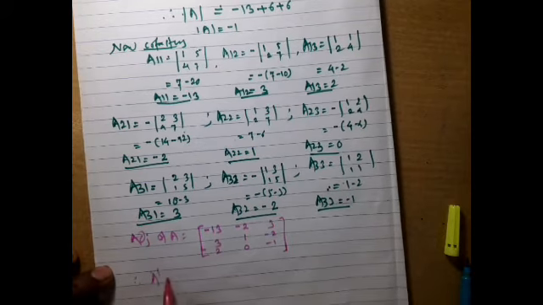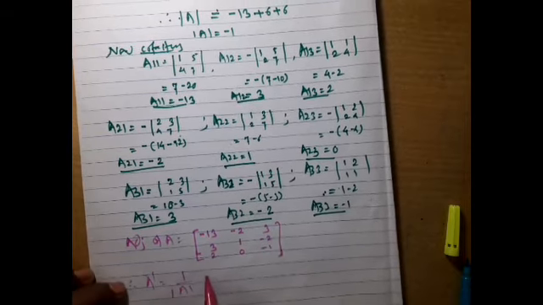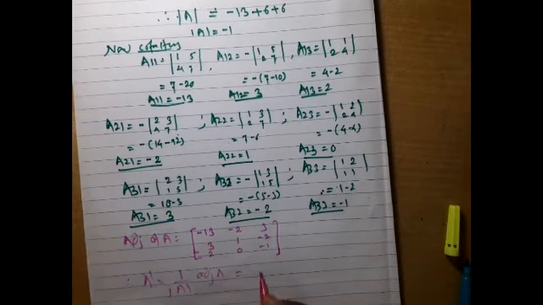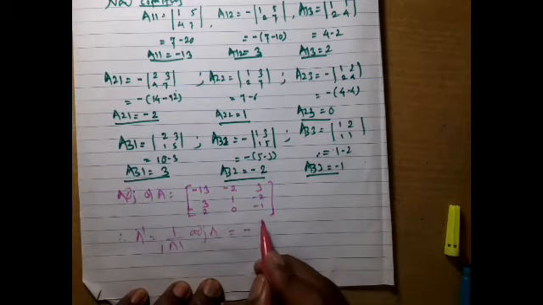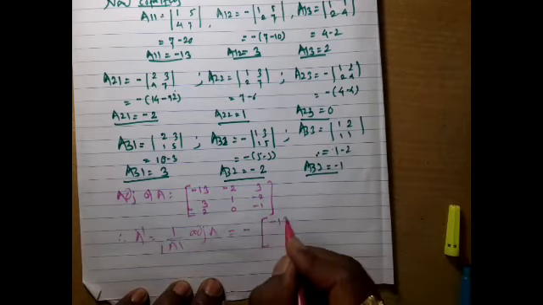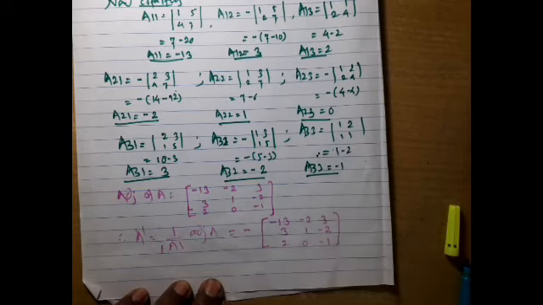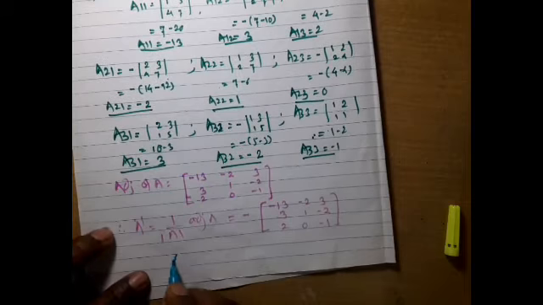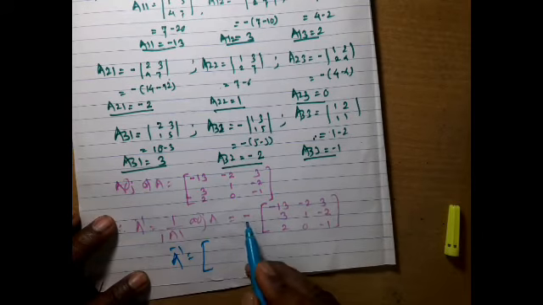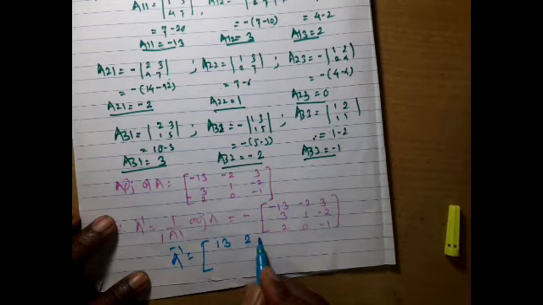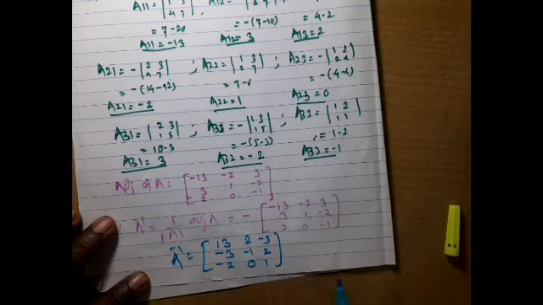Therefore, A inverse, by definition, is 1 upon determinant of A into adjoint of A, it is minus of matrix minus 13, minus 2, 3, 3, 1, minus 2, 2, 0, minus 1. And therefore, A inverse is, by changing the signs, 13, 2, minus 3, minus 3, minus 1, 2, minus 2, 0, 1. This completes the example.